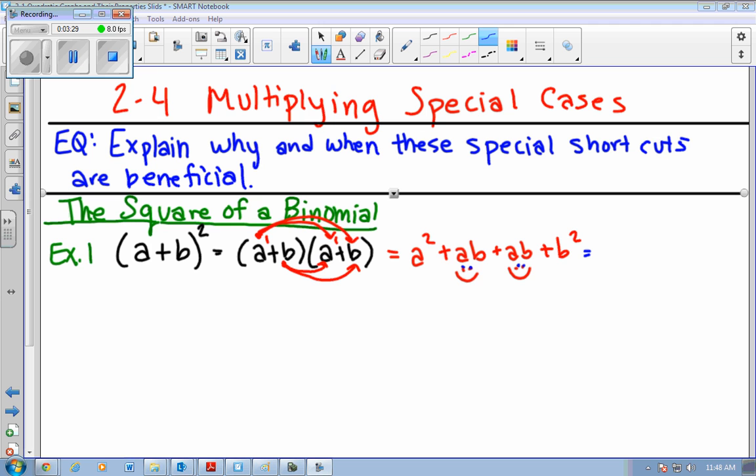So we get 2. I should write a squared first though. A squared plus 2ab plus b squared. This is our shortcut. Yeah? So would it be like a squared and b squared together? It'd just be 2ab? There's a middle term, 2ab in the middle.